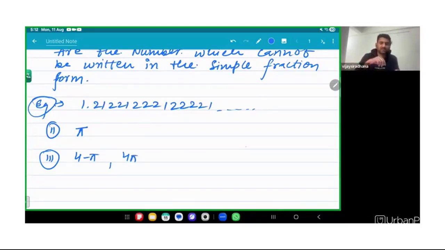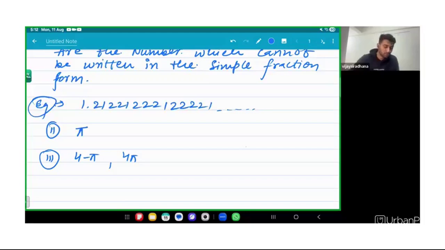Now, a question might have come to your mind: if pi is irrational, what's the value of pi? The value of pi is 22 by 7. So if pi is irrational, might 22 by 7 also be irrational?